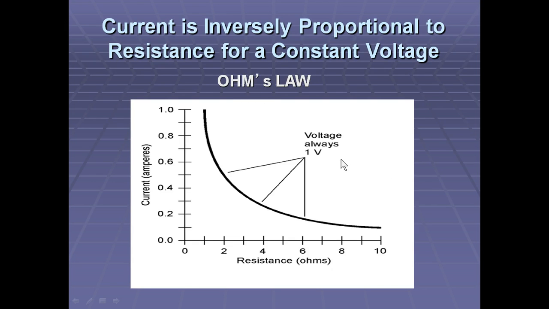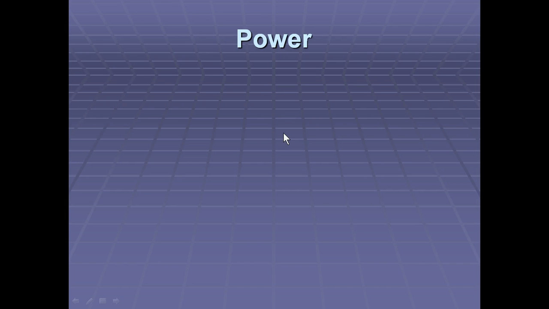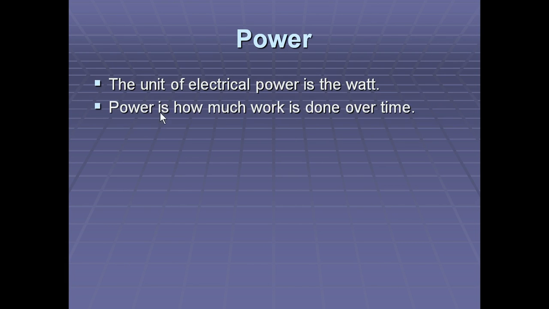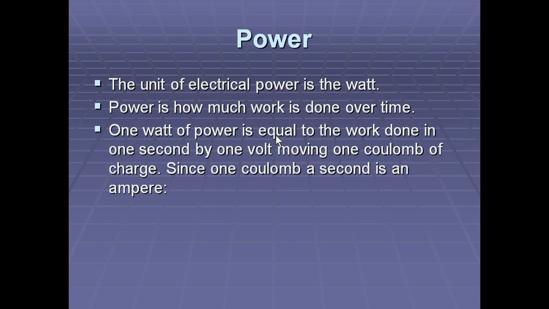Then power: the unit of electric power is the watt. Power is how much work is done over time, and 1 watt of power is equal to the work done in 1 second by 1 volt moving 1 coulomb of charge. Since 1 coulomb a second is an ampere, power in watts will be volts times amperes.